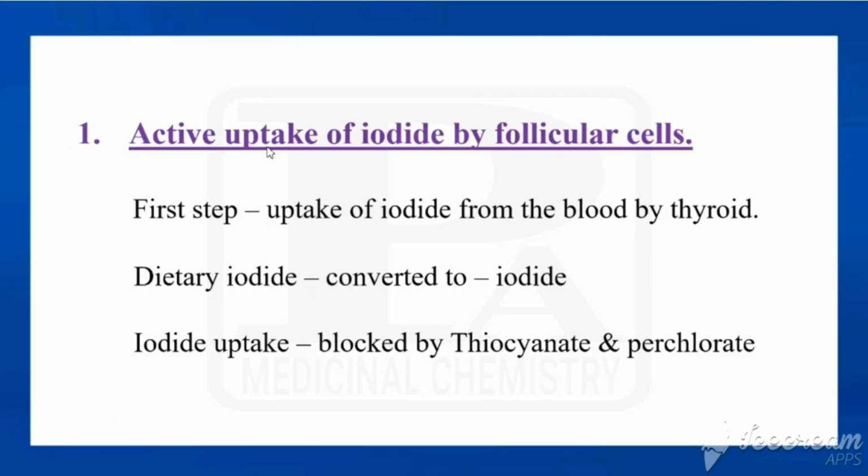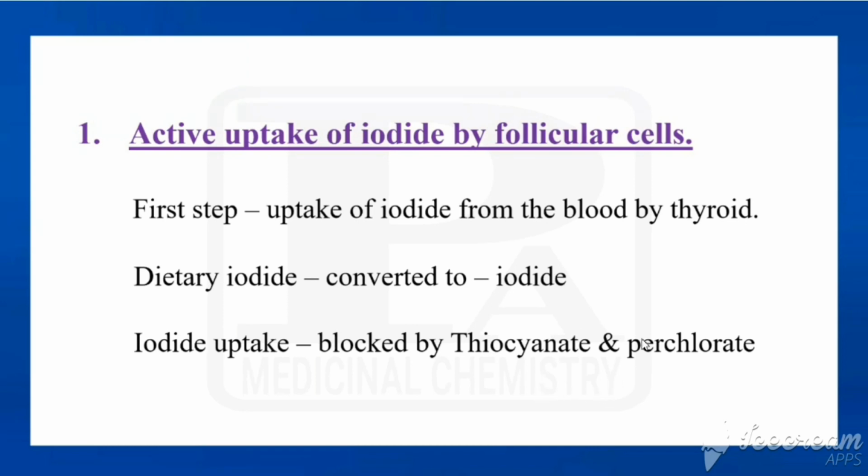First step is active uptake of iodide by the follicular cells. After taking food, the food has iodine, which is transported by the plasma to the thyroid. Here the dietary iodide is converted into iodide. We can block that uptake by means of thiocyanate or perchlorate. These are anti-thyroid drugs.